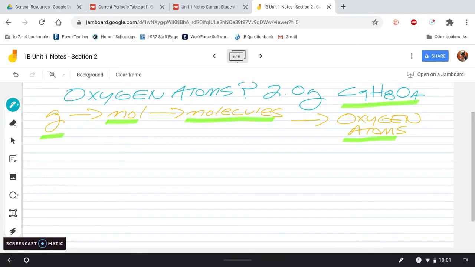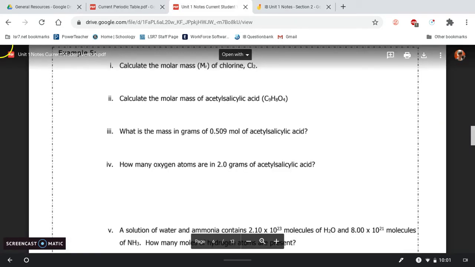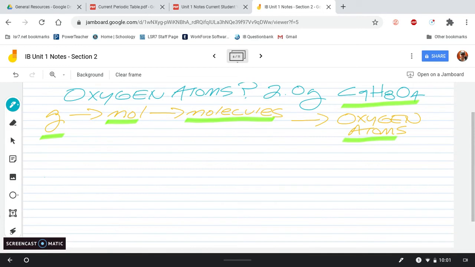Okay, so we know we always write down the number. They only gave us one number. They gave us the 2. Make sure it is a 2.0. It is. They gave us the 2.0 grams. And I'm going to write this kind of small because I might run out of space on this one. So C9H8O4. So that's what we start with, grams of that.